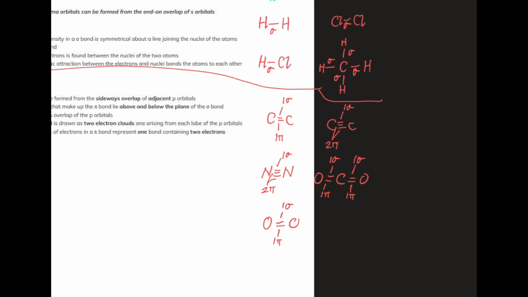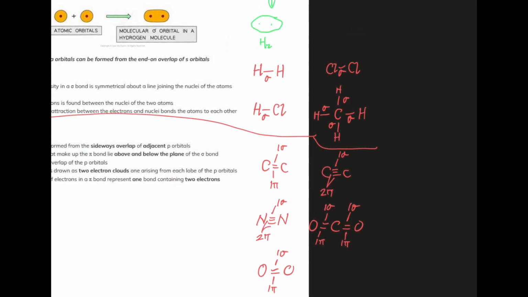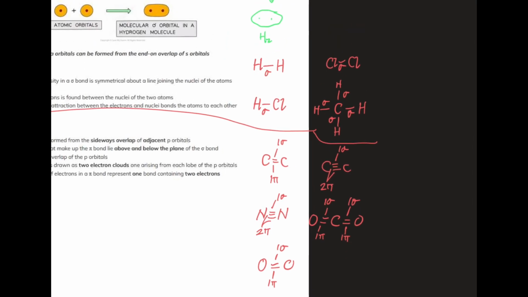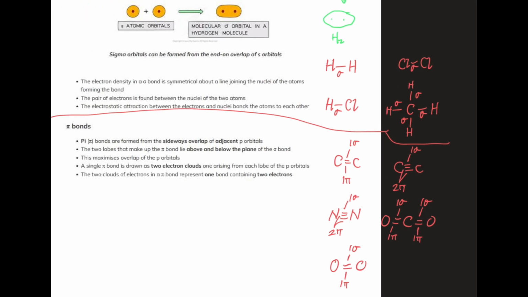So you should observe something: pi bond happens in double bonds and triple bonds. If the molecule has a single bond, then it is always a sigma bond. Sigma bond, hybridization happens. Pi bond, no hybridization. We will discuss that later. And let's see the information over here first.